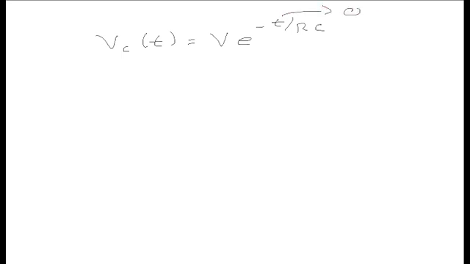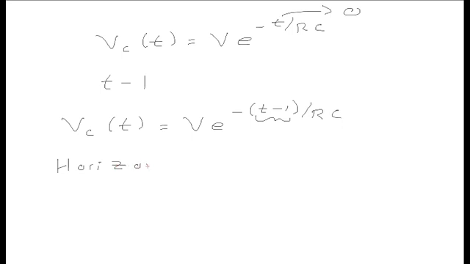To do that, we introduce the variable t minus, in our case it would be minus 1, and we rewrite it. Vc of t is V e to the negative t minus 1 over RC. Then, at t equals 1, t minus 1 is 0, and our expression is going to continue. So what we've essentially done is a horizontal shift.